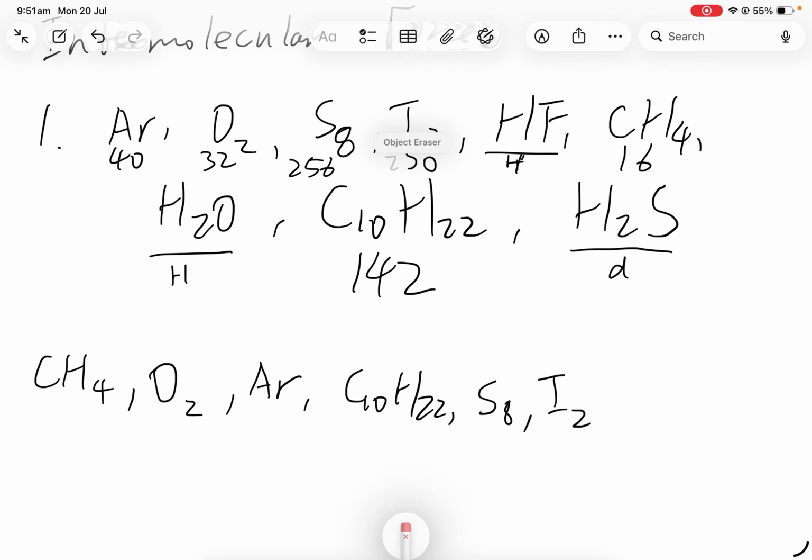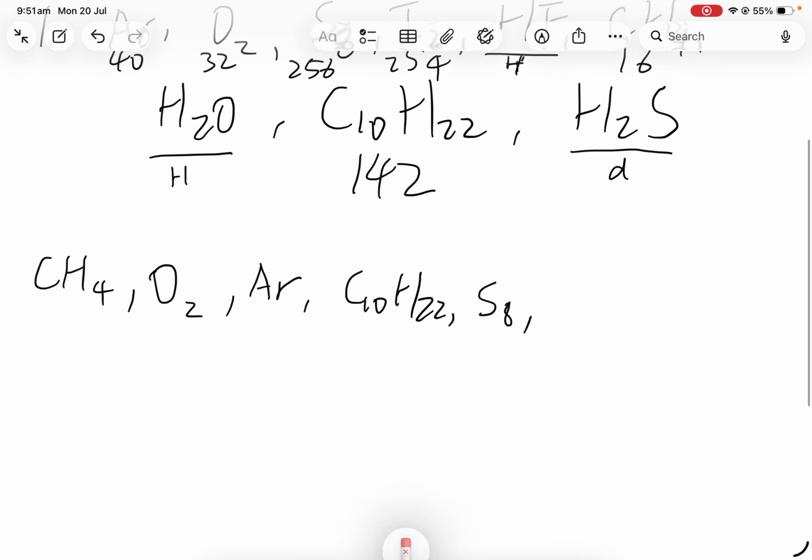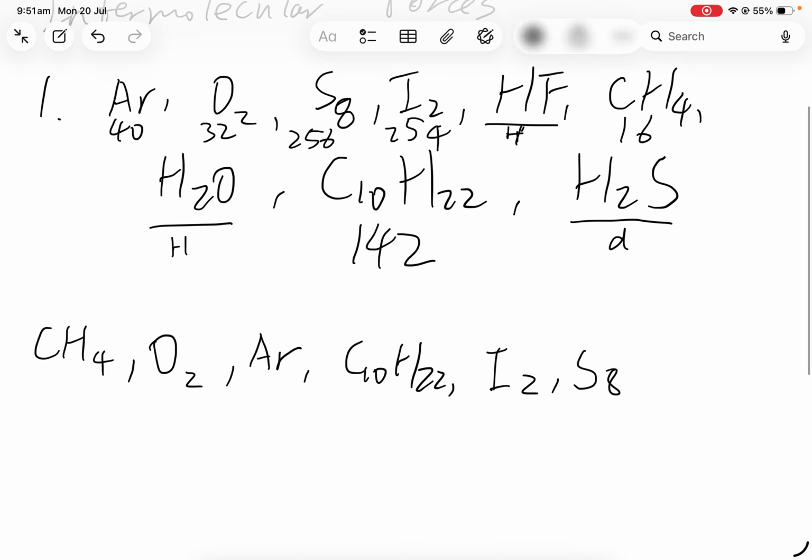Well, that's higher than iodine, which is 126.9, so about 254. That makes sulfur higher, so okay, that's the order right now.